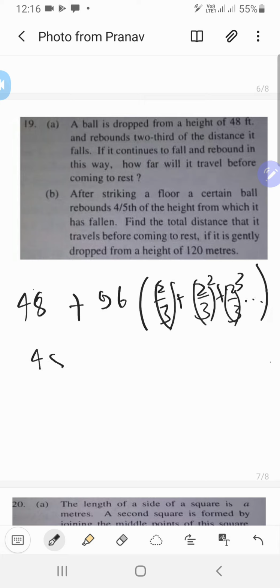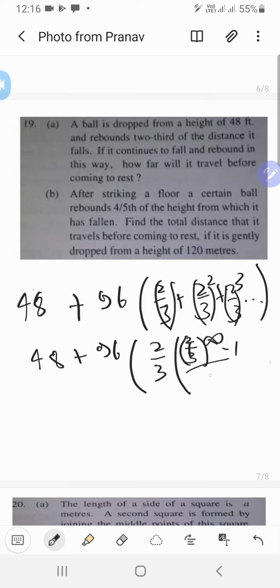So this is supposed to be 48 plus 96 into 2/3 into, the ratio is obviously 2/3, so 2/3 to the nth power, well, here n is infinity, minus 1 upon 2/3 minus 1, and this is obviously going to be 0 because something which is less than 1 raised to the infinite power is supposed to be 0.